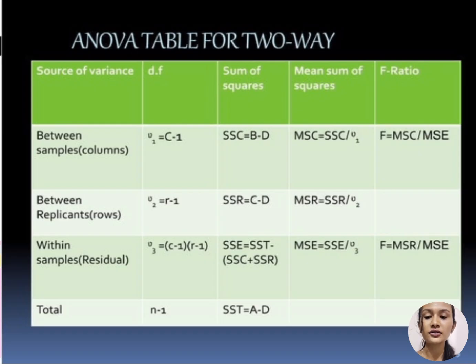N-1, which is the total of the degrees of freedom, gives the total. The next column is sum of squares, given for each row as SSC, that is B minus D, SSR, that is C minus D, and SSE, that is SST minus (SSC plus SSR). By using this table, we can easily find the F ratio.